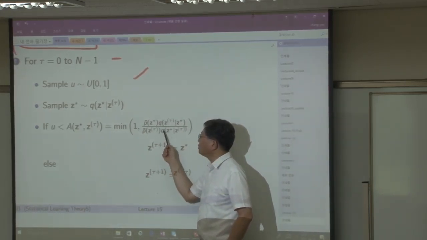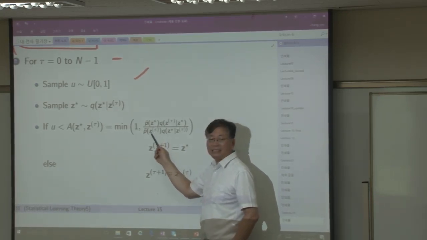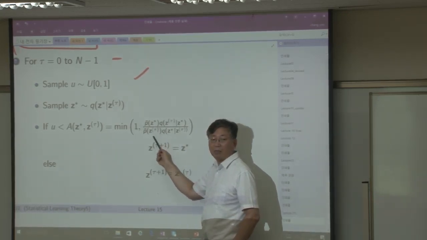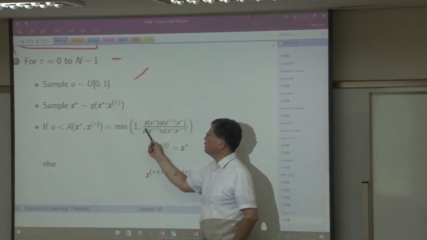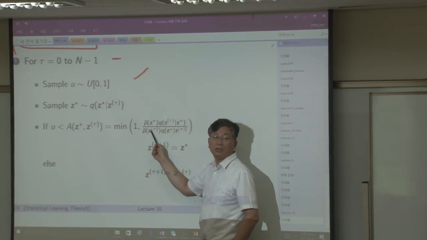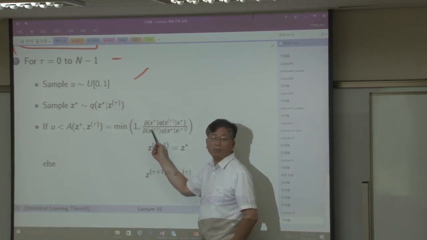I look at this ratio that compares: I'm at z tau, this is the denominator, z tau. By the way, this tilde means unnormalized. But it doesn't matter if I use the normalized one, because the normalization factor, top and bottom, can just drop off.